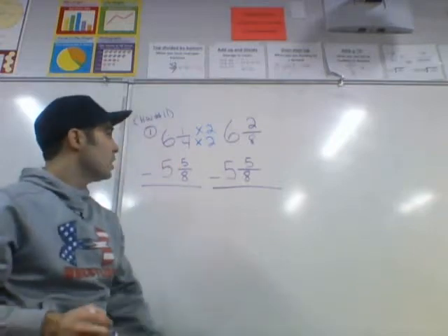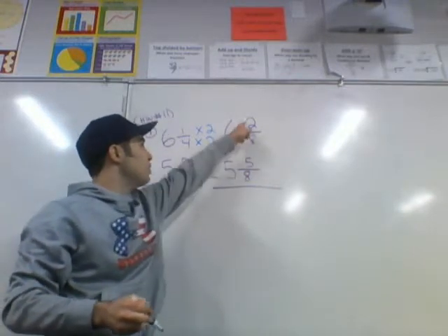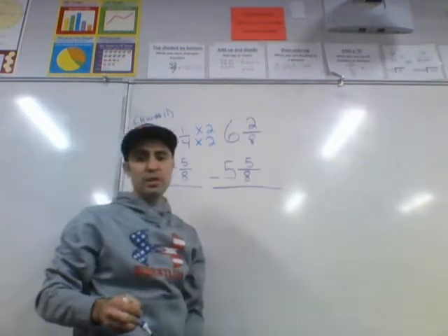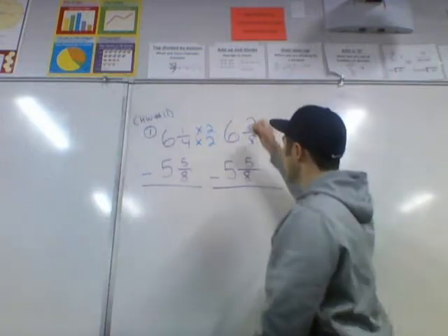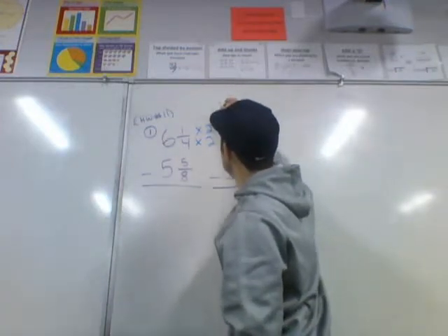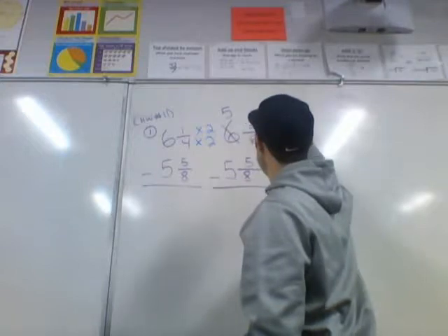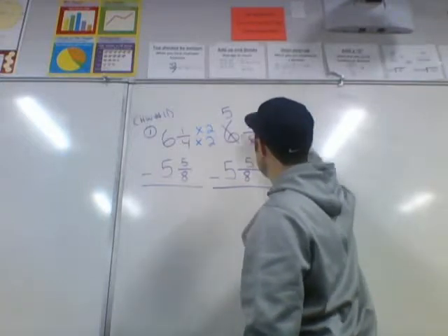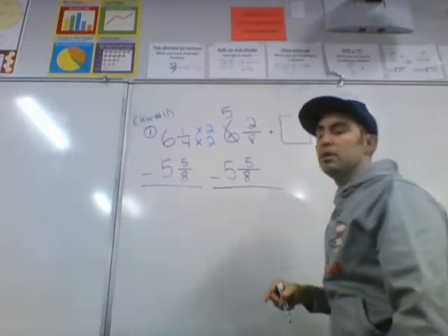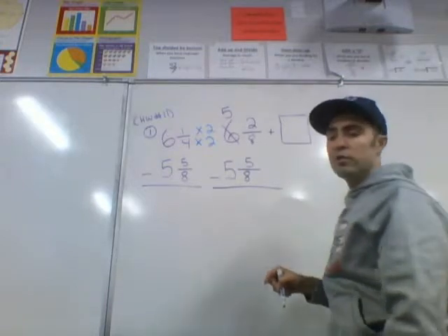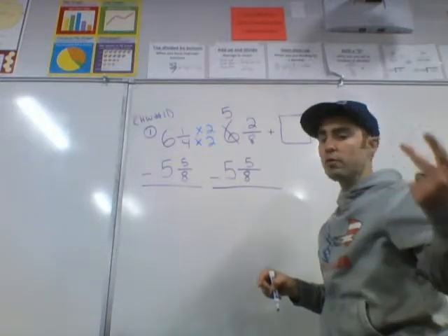Now we can subtract. Wait, you can't take 5 away from 2. You can't take 5/8 away from 2/8. So you're going to have to borrow. I'm going to borrow from the 6. It's now going to become a 5. And then I'm going to add in a fraction that is equivalent to the one that we borrowed. Now, what's a fraction that's equivalent to 1? It could be 2/2, 3/3, 4/4.